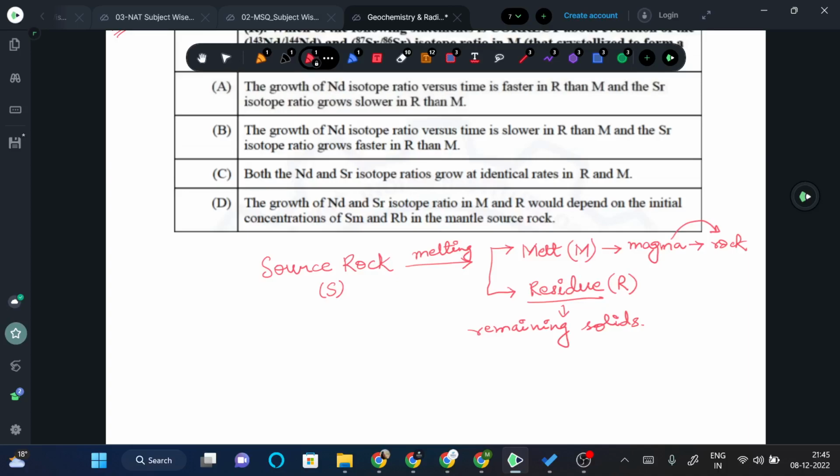So this is the first thing that you need to know. Then let's look at both the isotopic ratios one by one. What kind of reaction do you expect over here? Does anyone have any idea about this?